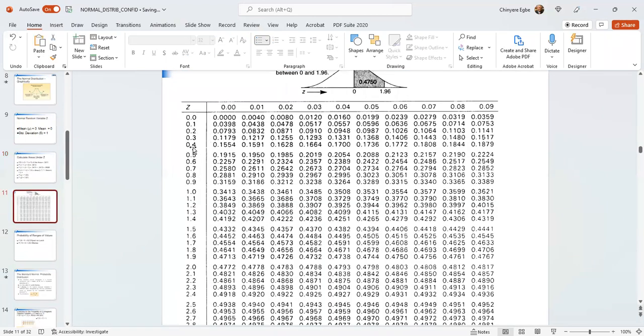So we'll go to 1.5, which is 0.4332, 1.7, which is 0.4554.